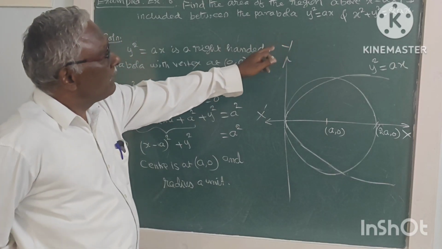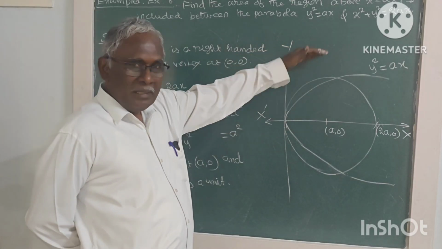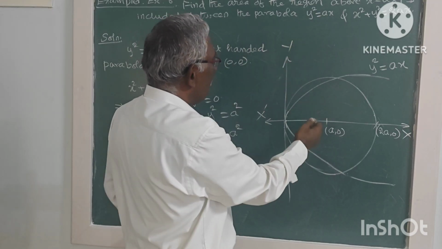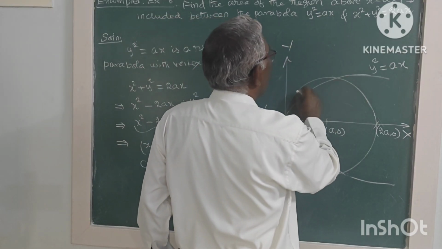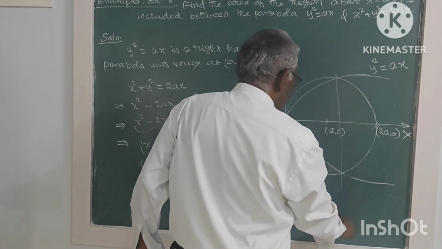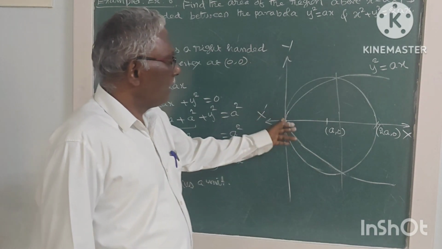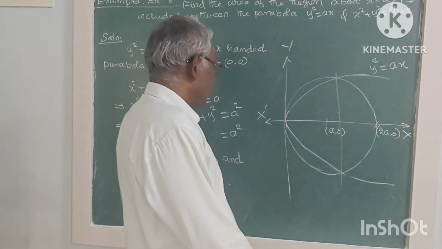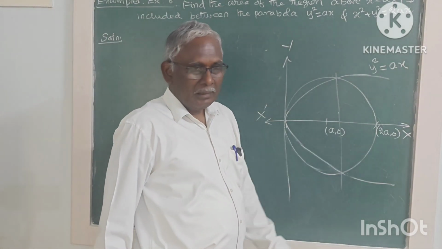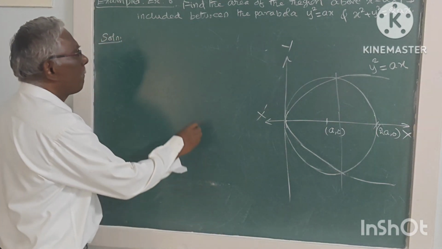Find the area of the region above the x-axis between the parabola and the circle. So that means find the intersection of the parabola with the circle. We have to see where the circle intersects the parabola.